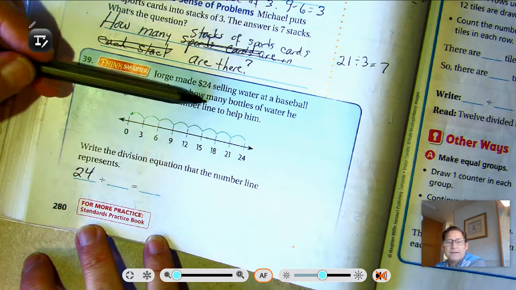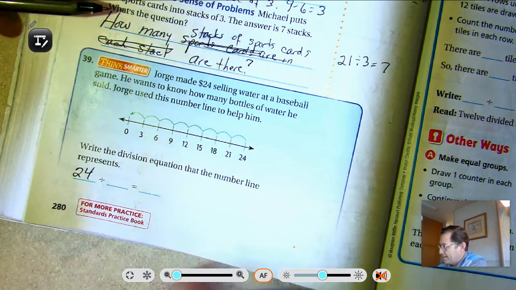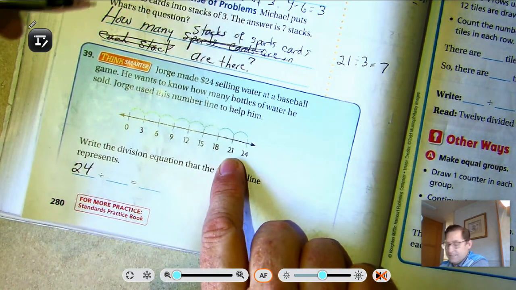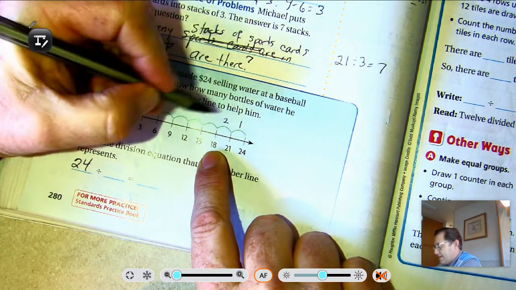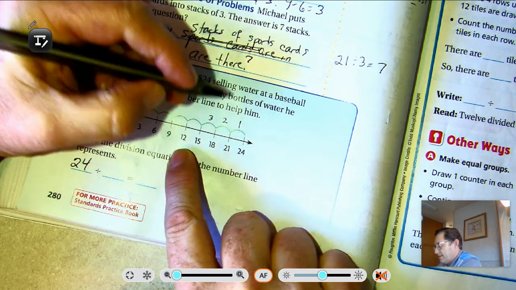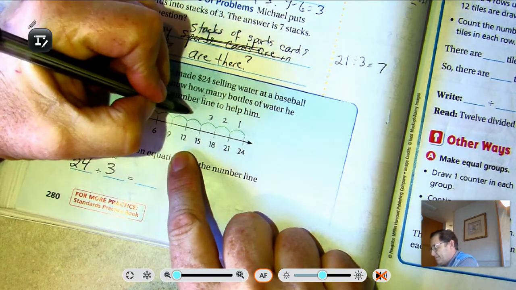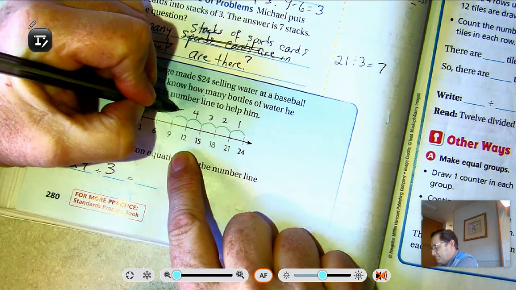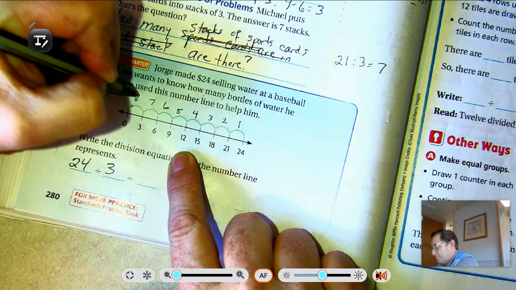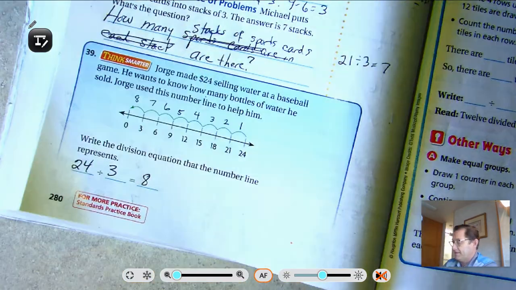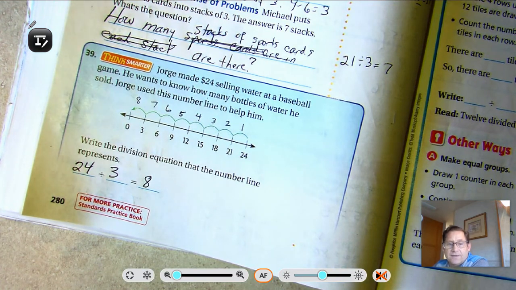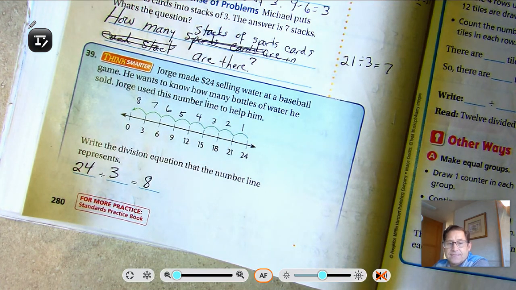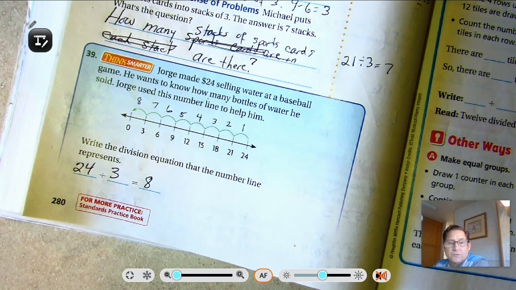How many times are they, or what are they jumping back by? 24 take away 21 is 3. 21 take away 18 is 3. 18 take away 15 is 3. So they're dividing by 3. And they jumped back 8 times. So that number line is showing me 24 divided by 3 equals 8. So he sold 8 bottles.